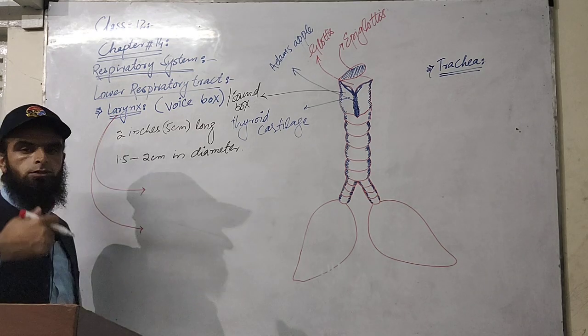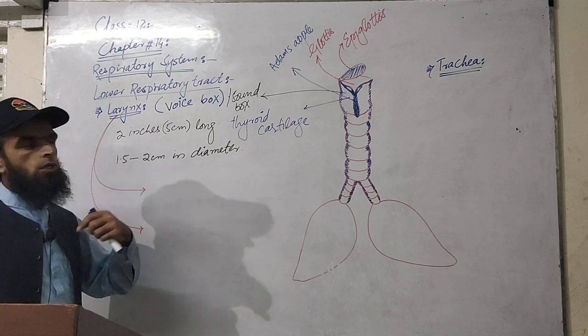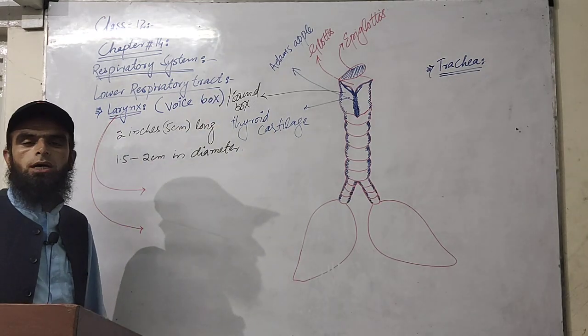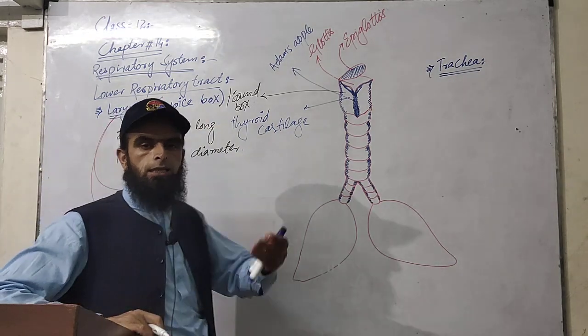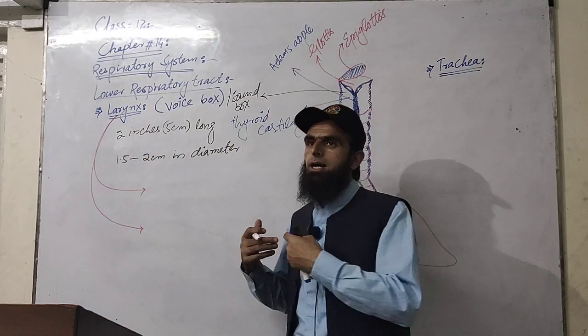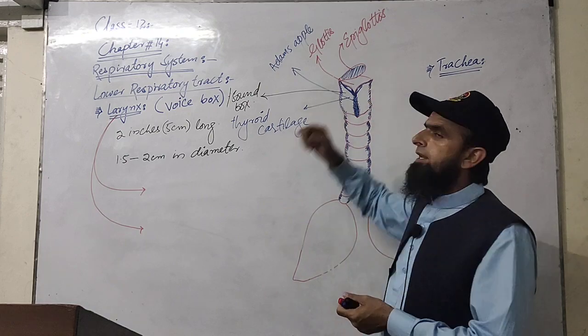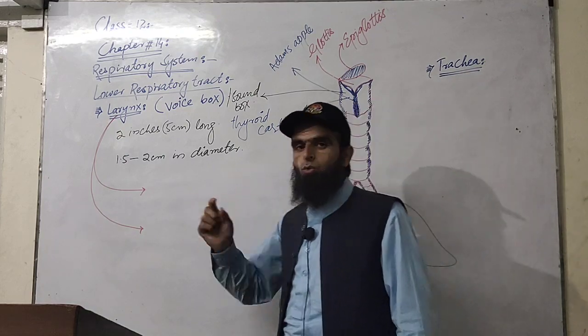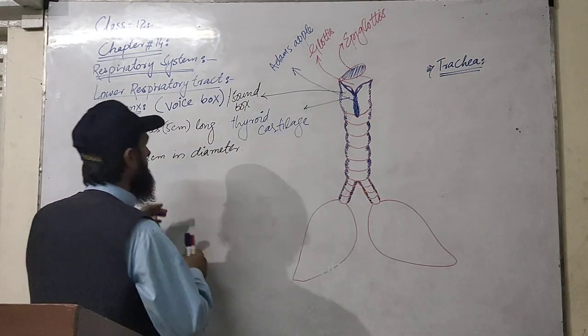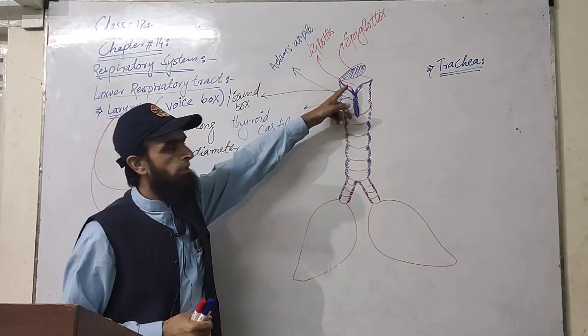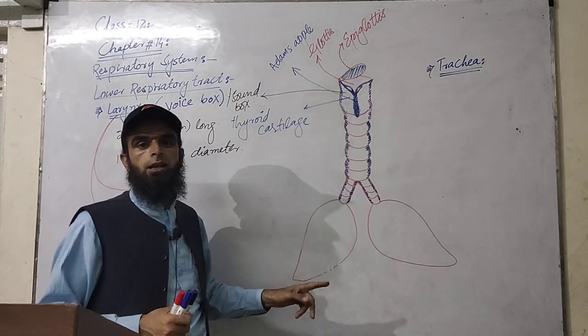When we inhale, the air passes through the larynx, and when we exhale, the carbon dioxide coming from our lungs also passes through the larynx. So one function of the larynx is the transfer of air to and from the lungs.